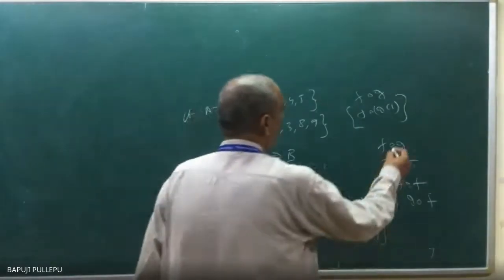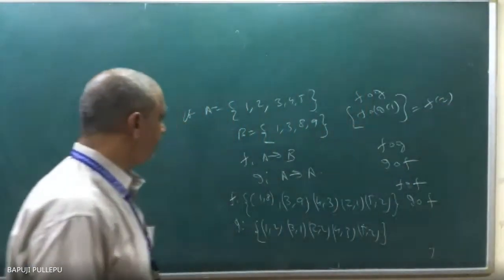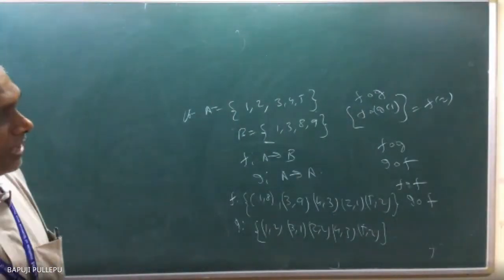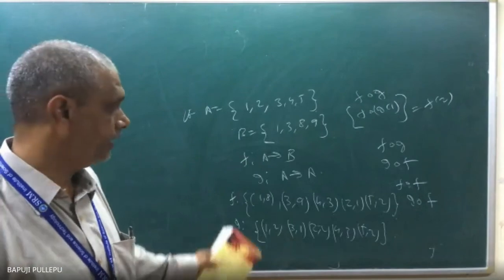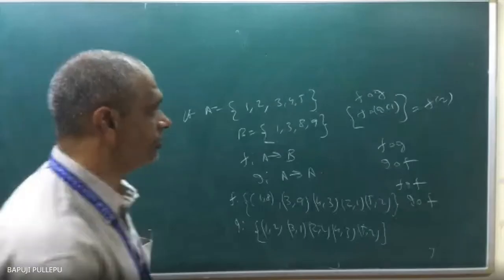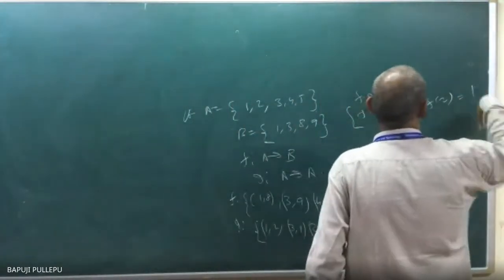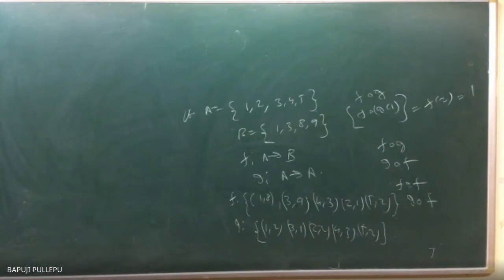So this becomes F of 2. Now F of 2 maps to what? 1. So this whole thing is equal to 1. Now the total answer is 1 comma 1.